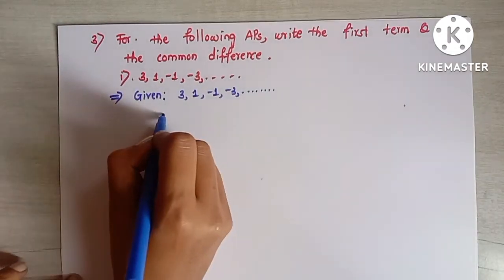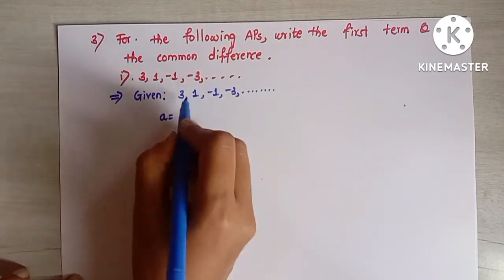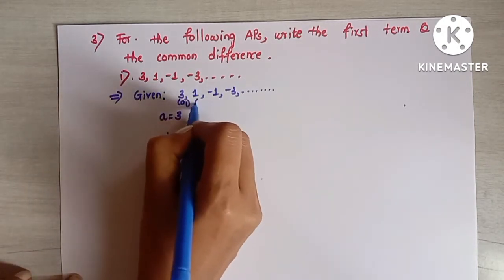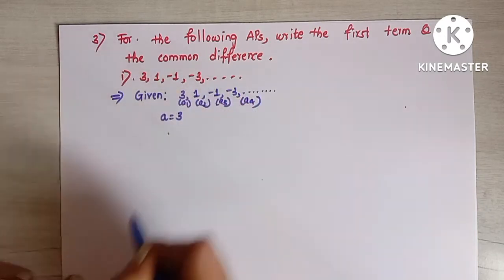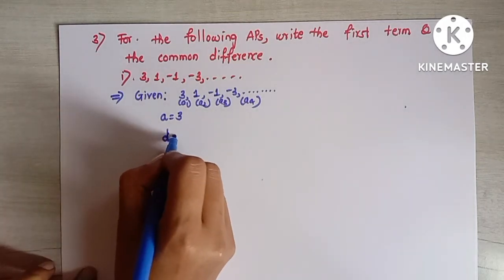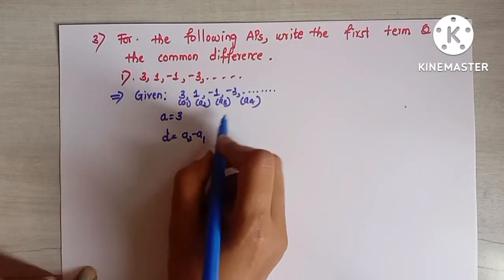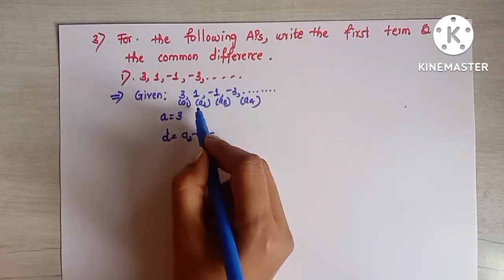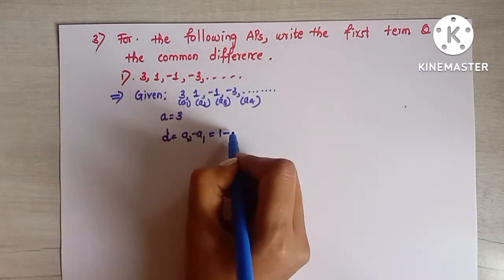So here what is A? A means the first term, that is 3. Or let us write it as A1, A2, A3 and A4. Therefore A is 3. So what is D? D is A2 minus A1. So A2 is 1 minus A1. A1 is 3.